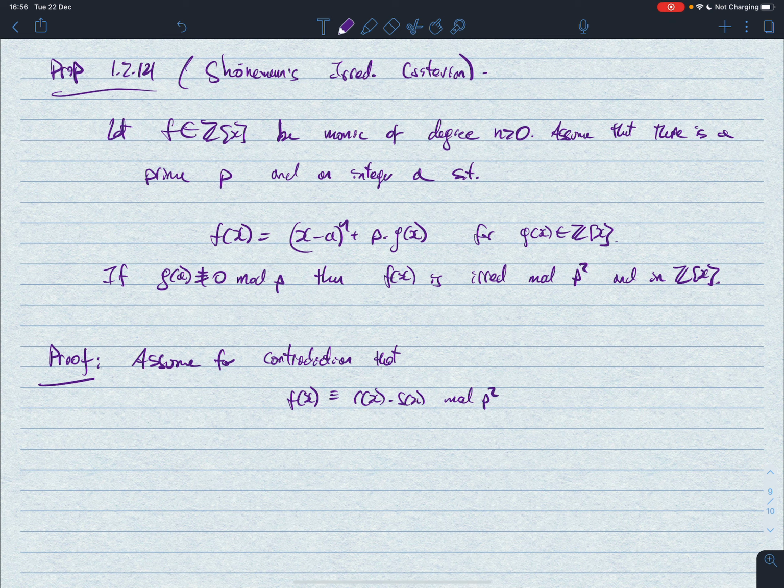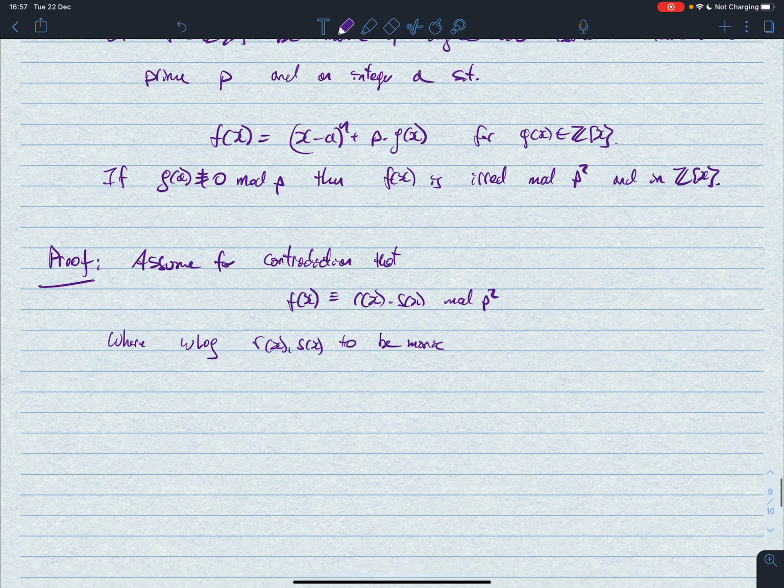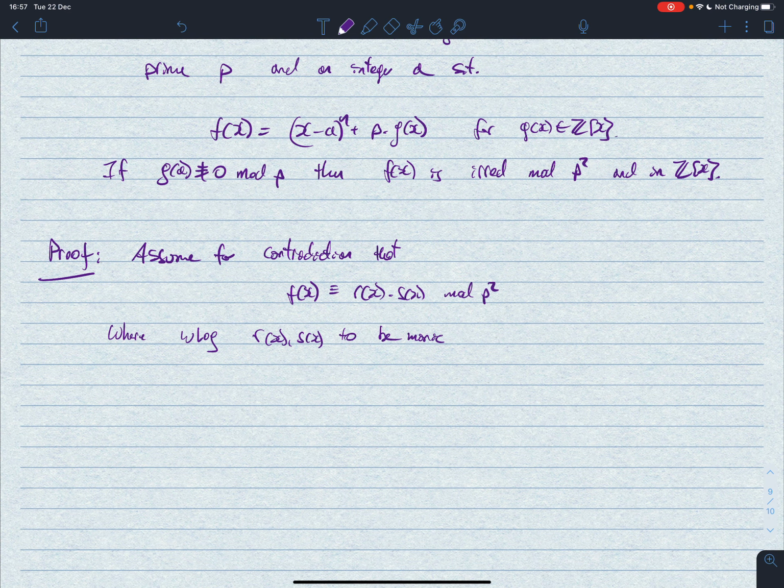So assume that we had a factorization mod p squared, where without loss of generality, I can take my r of x and s of x to be monic. Have a think of why I'm allowed to do this. It's mainly because my polynomial that I started with was monic.